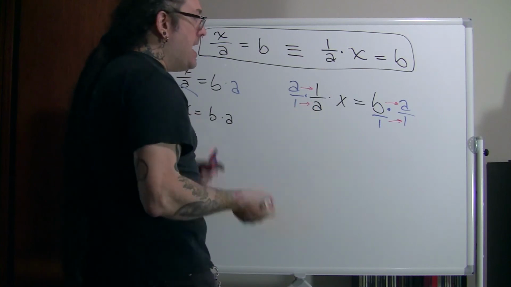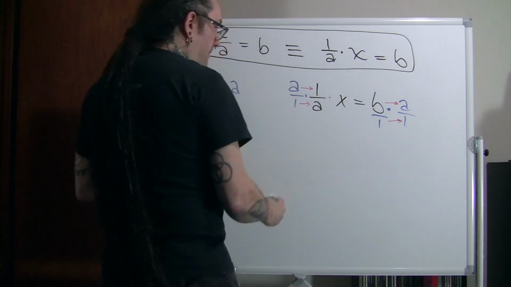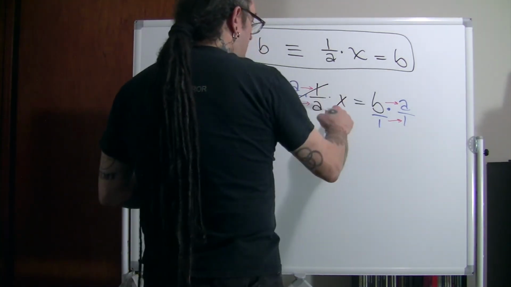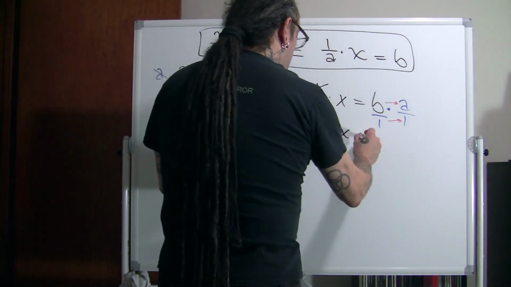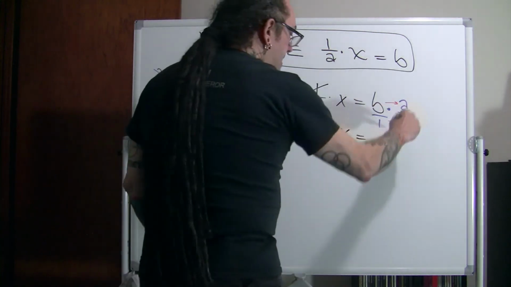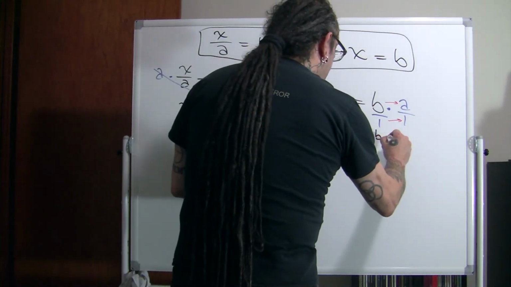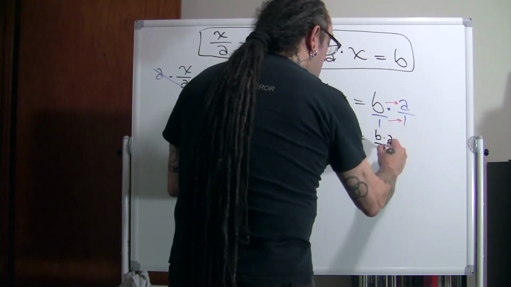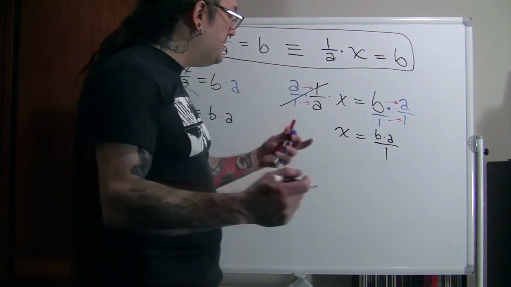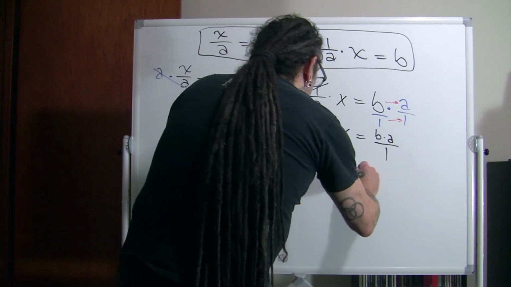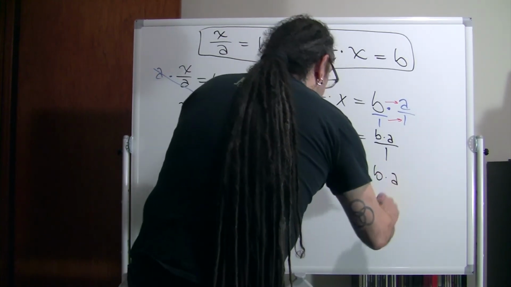A over a, anything over itself is 1. So this goes away. And we have 1x, and 1x is the same thing as x. And this is b times a in the top, which we write b times a, over 1 times 1, which is 1. Anything over 1 is itself. X equals b times a.